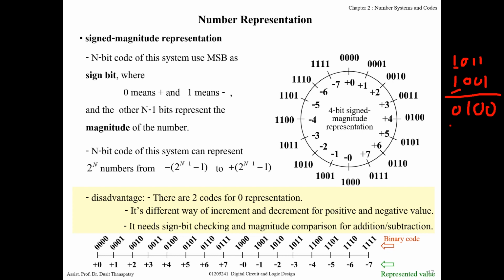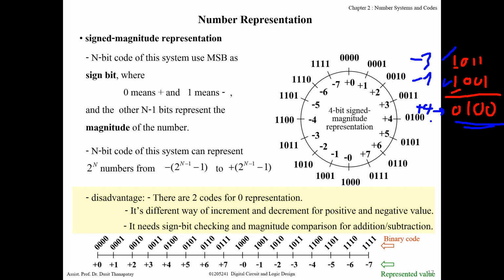Your result is what happened? Minus 3 plus minus 1, and your result is plus 4. It's incorrect, right? That's the problem. You cannot do addition.